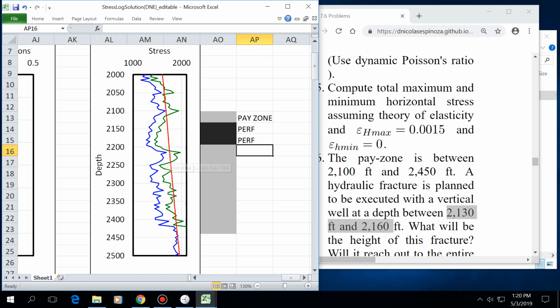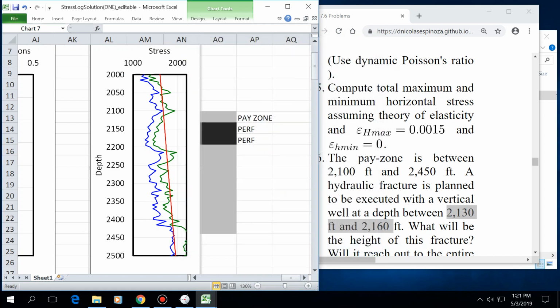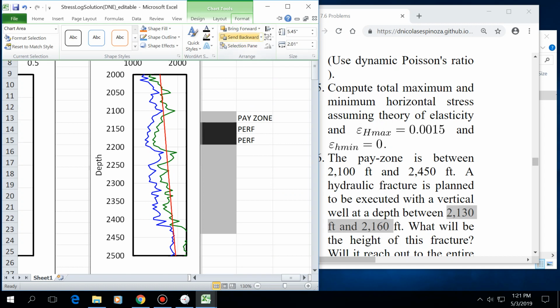What do you think this is going to depend on? Let me change this number while you think about that. Any suggestion? Will the fracture overcome those stress humps or not?